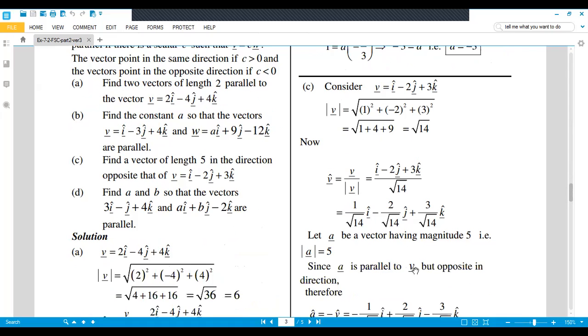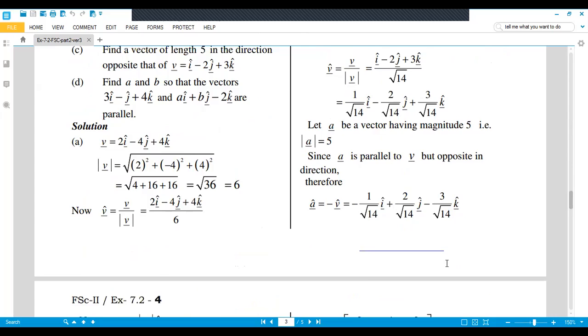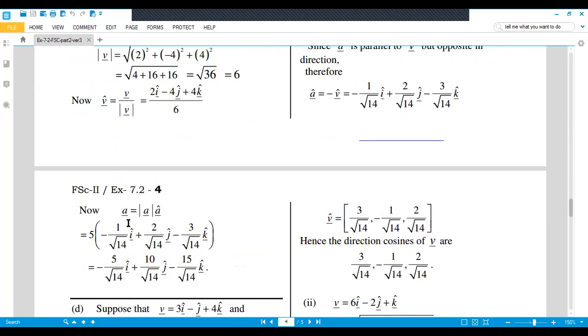Since A is parallel to V but opposite in direction, A is equal to minus V, so we multiply with a negative sign. So A is equal to the magnitude of A times the unit vector. The magnitude is 5, so we multiply by 5 and we get the answer. And D, you solve by yourself just like the previous question.